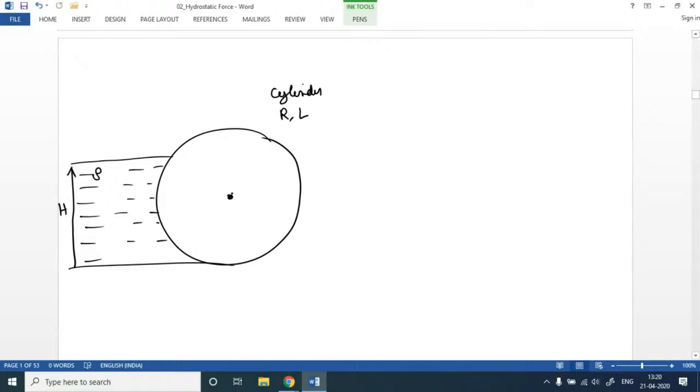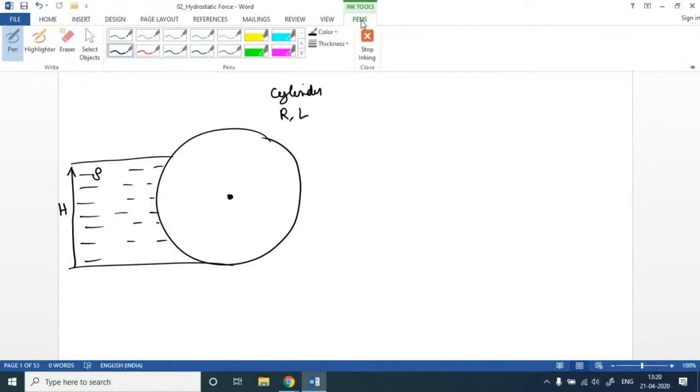Here I'm going to ignore atmospheric pressure. Okay, so I will only be considering the pressure due to liquid as rho g h over here. I will not be taking atmosphere. You can take that, there is no problem, but this is the condition of the question I'm providing to you.